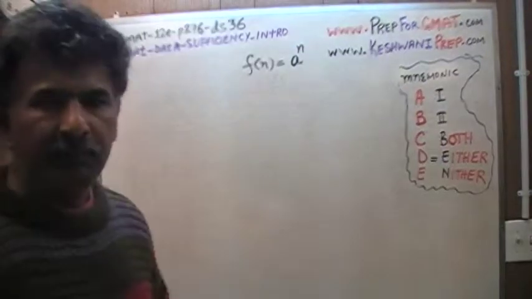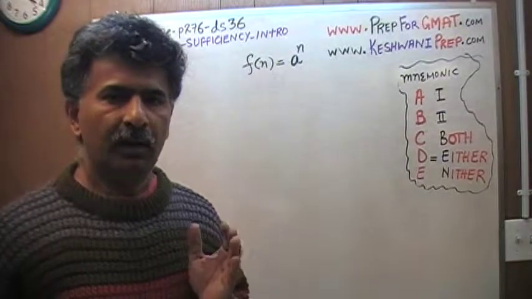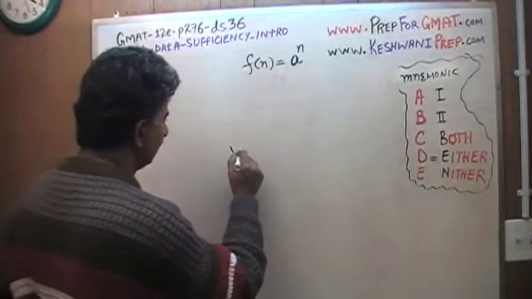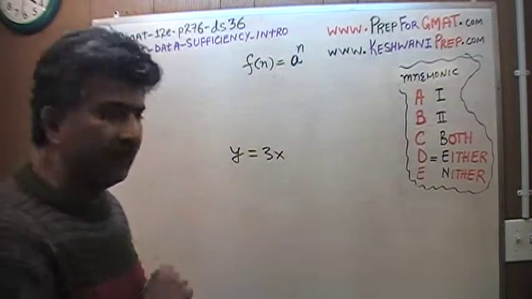What does function mean? Do you know? Function is just a very fancy way of saying a relationship between two variables. For example, if I tell you that y equals 3 times x, that is a function between x and y. And this is how we write it.